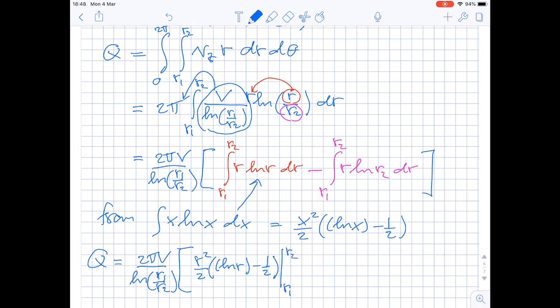And then for the pink term, this is constant, so I can take it out, leaving r here by itself. Integral of r, you get r squared over 2, integral from r1 to r2.